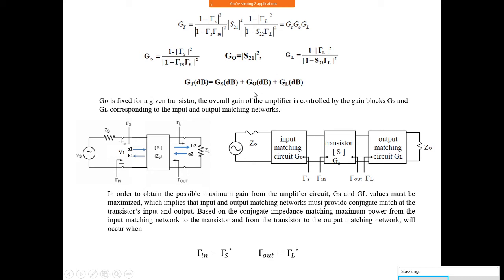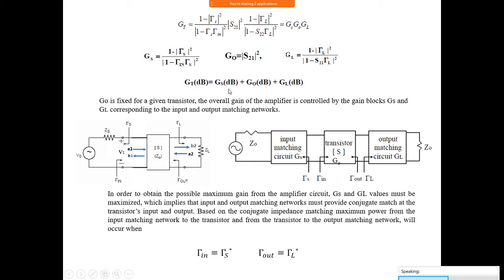We cannot get more than that because GS maximum is fixed. Similarly, GL maximum is also fixed. If you want 20 dB, you can design, because GS maximum is 6 dB, GL maximum is 6 dB. Total maximum gain we can get from the system is 24 dB. But we needed only 20 dB GT. 20 dB means you can choose automatically.